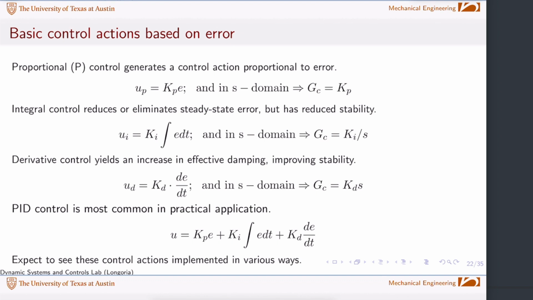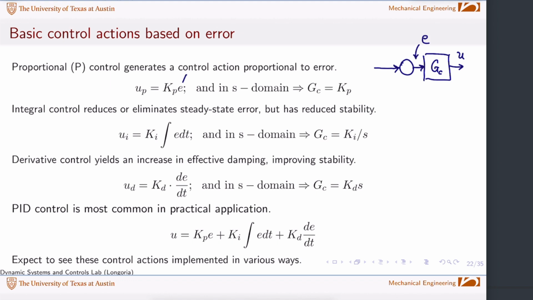As each name indicates, proportional control means I'm going to have an action UP that's proportional to error. Remember, what we're doing is taking the error and putting it through this controller to generate this total action, so it's based on the input of that controller, which is the error.